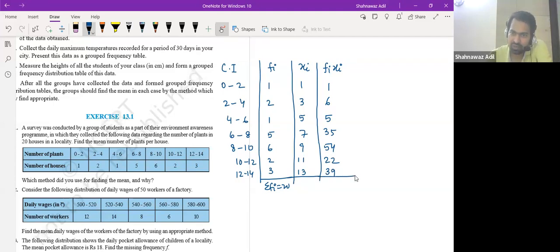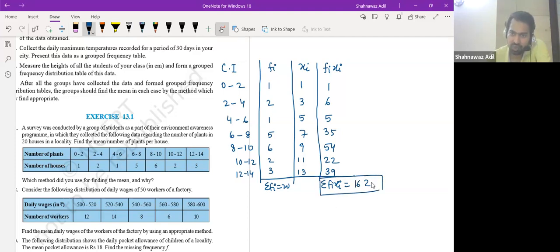So now we have to find out what is total of this. Right, so this would be 162, I guess.